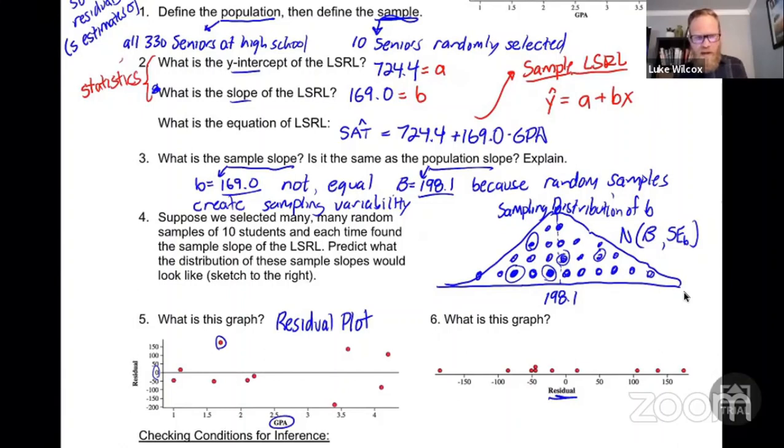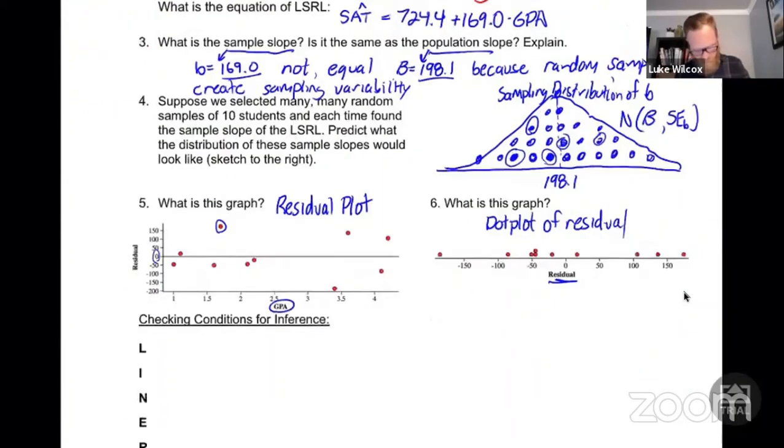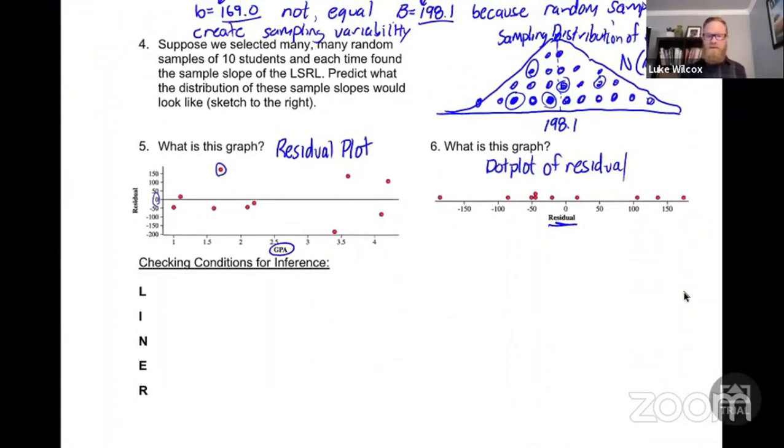The residual plot has residuals on the y-axis and x values on the x-axis. This is a little bit simpler than that. It's simply a dot plot of all the residual values, right? There's only one variable there, the variable of residuals, and we're looking at the distribution of those residuals. Okay, we're going to need those when we get down here to checking conditions for inference.